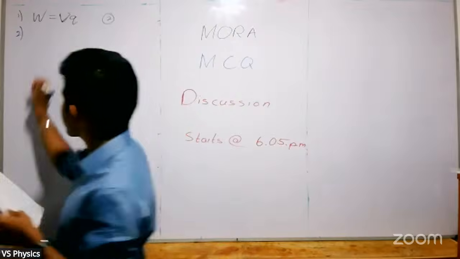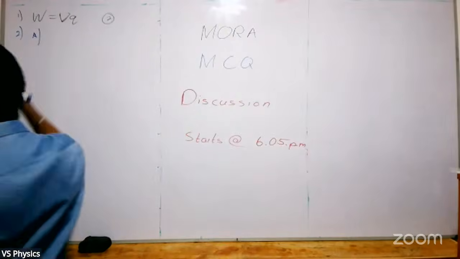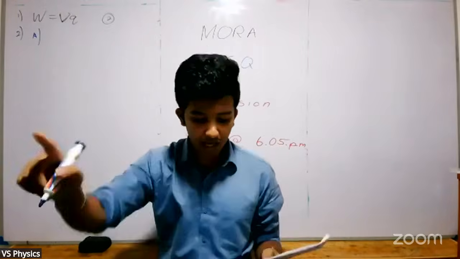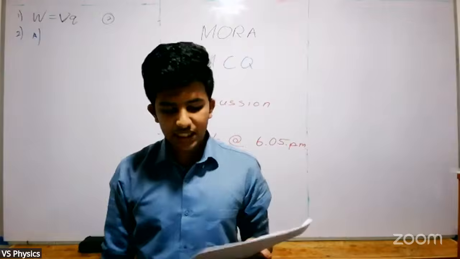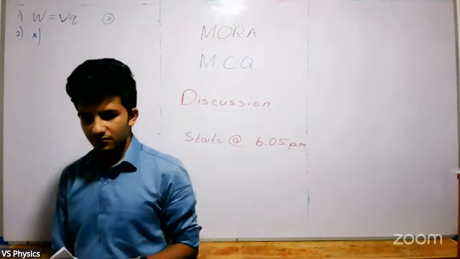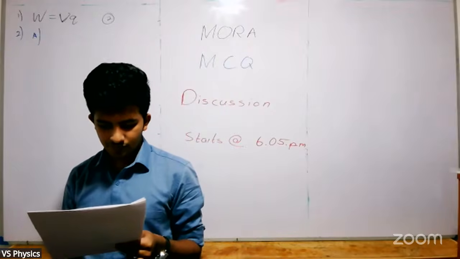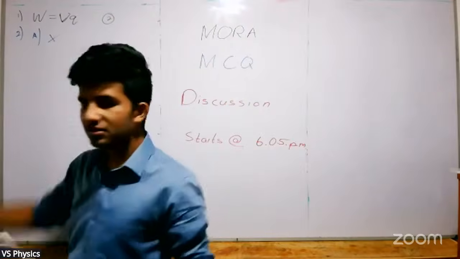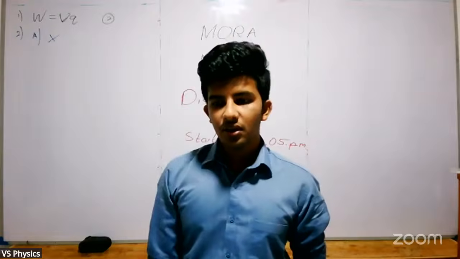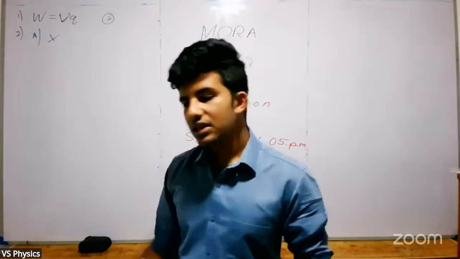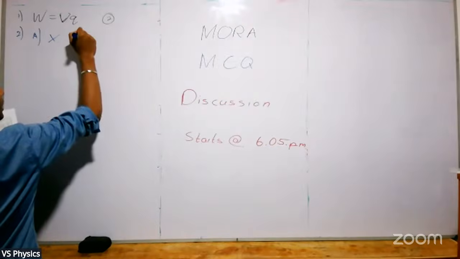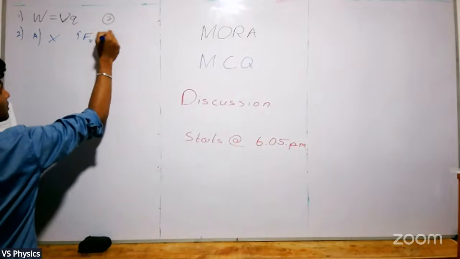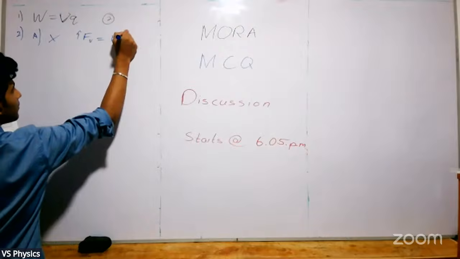Option A: when viscous force equals the weight of the sphere in air, it attains terminal velocity. What is the reason? Viscous force equals weight minus upthrust.